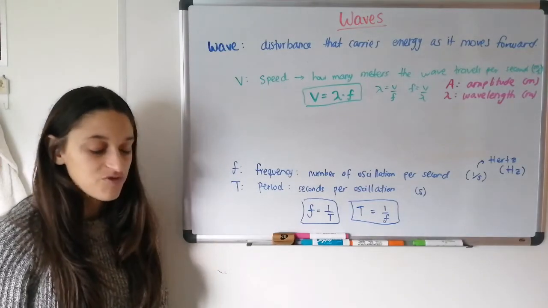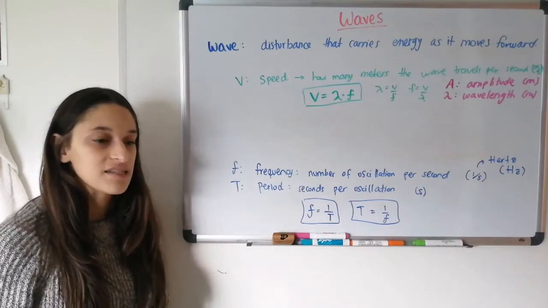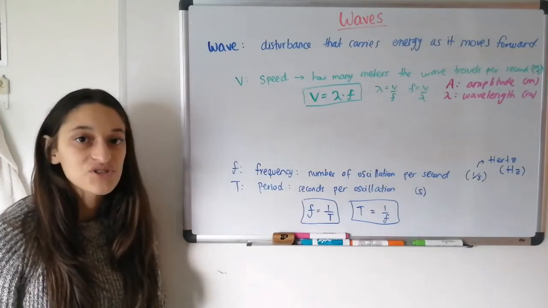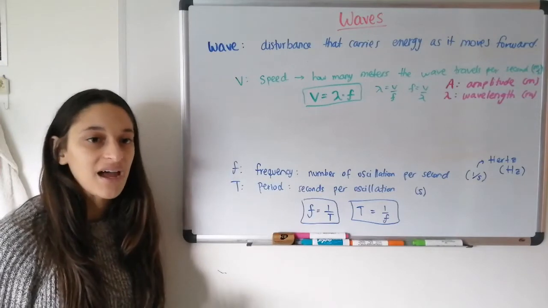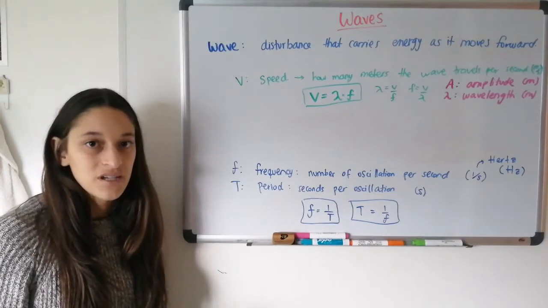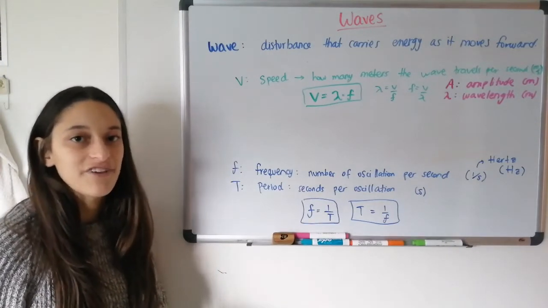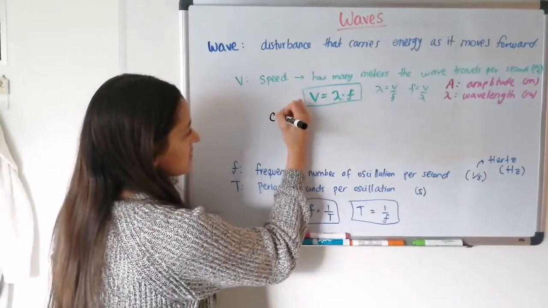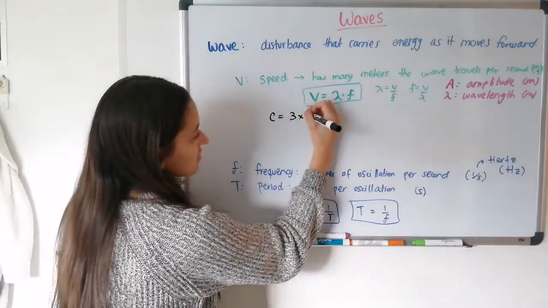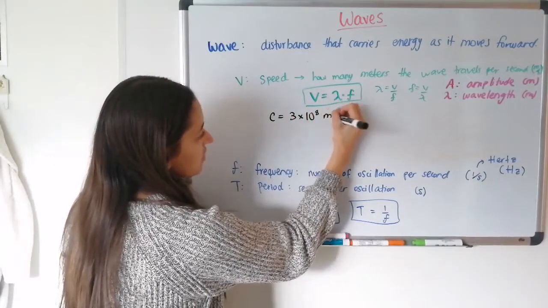So electromagnetic waves we're going to see in a couple of classes all have the same speed, which is called the speed of light. Maybe you've heard it. It's the highest possible speed that anything can have in the universe. Light is the fastest thing in the universe, and it has its speed that we call c. C is the speed of light, and it's 3 times 10 to the 8 meters per second.